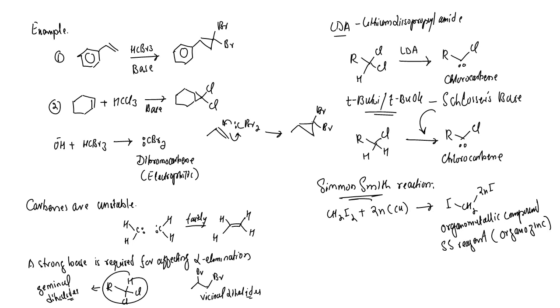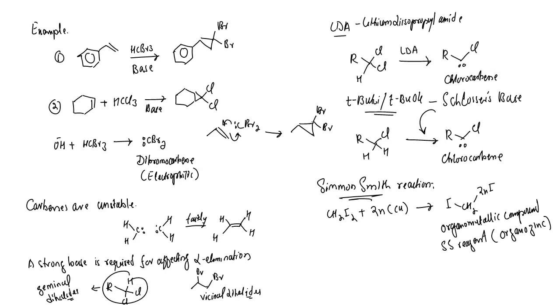Usually when an organic compound is bonded with a metal, then such types of compounds are known as organometallic compounds. Usually Grignard reagent is an important example of an organometallic reagent. Besides, we can have organocopper or organolithium compounds.